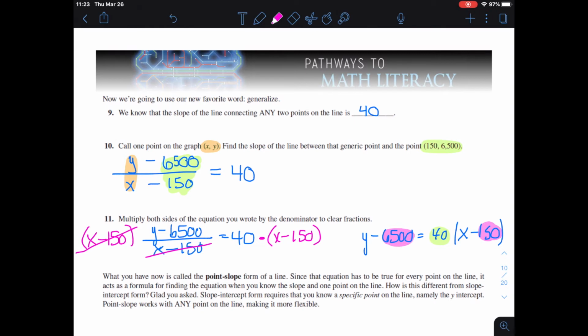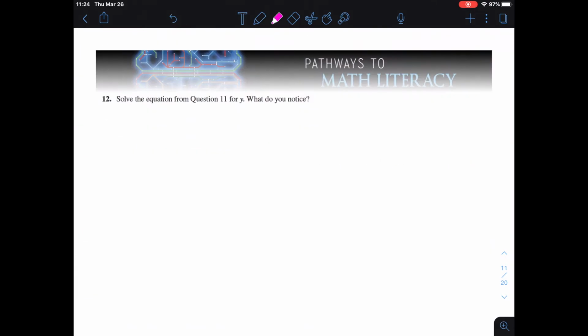So instead, if I was given a different version of this problem, maybe I didn't know 2 points, I just knew a single point, and I knew that it was going to be $40 per person. Then I would know the slope is 40, and I could use this form to find the equation of the line. But if you're given 2 points, you can absolutely go through what we did in the prior couple pages of plugging it in and solving for b.